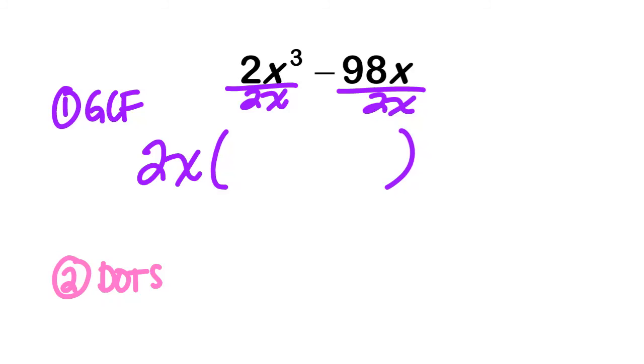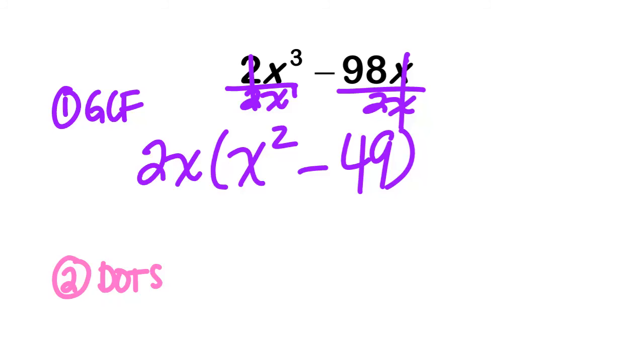Fatima? We have x squared minus 49. Good. Thank you. So 2 divided by 2 is 1, and x cubed divided by x to the first, subtract that exponent, gives you 2. And then negative 98 divided by 2 is negative 49, and x divided by x is just 1.